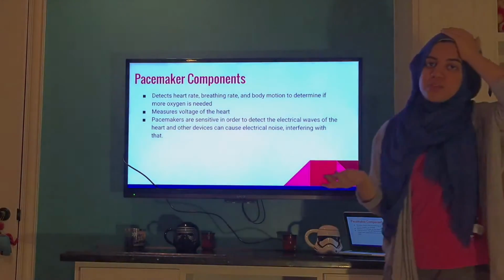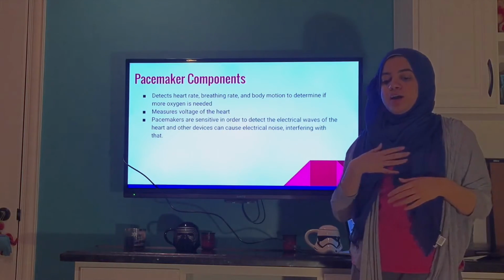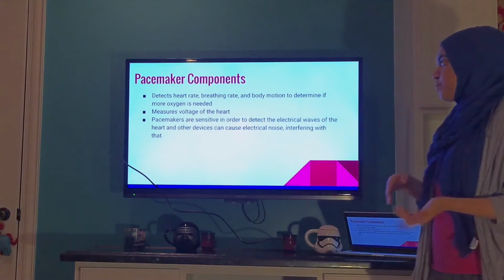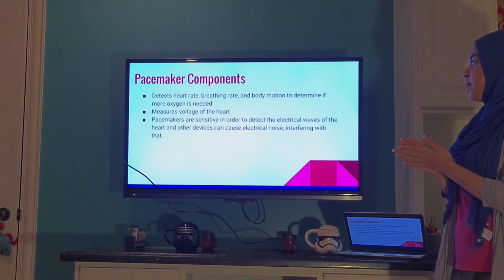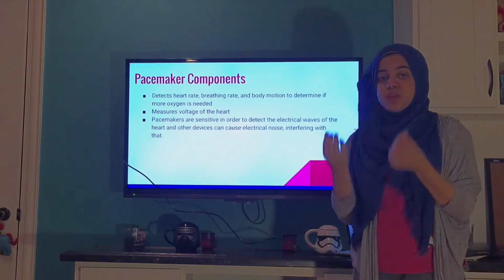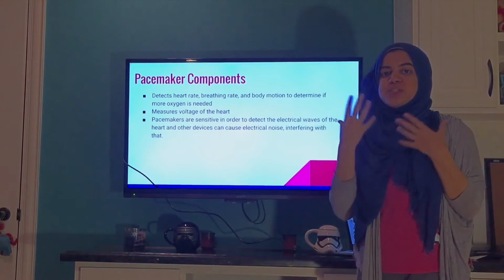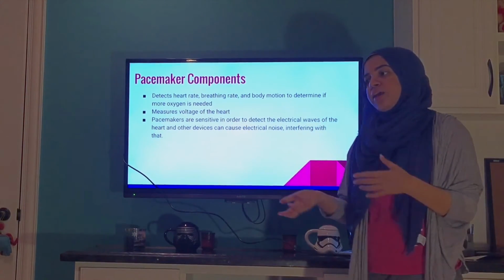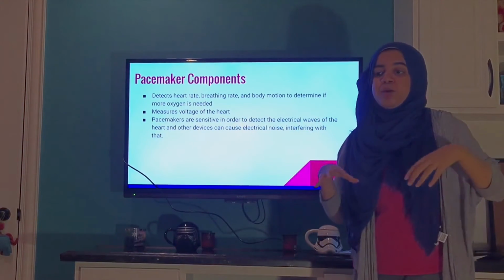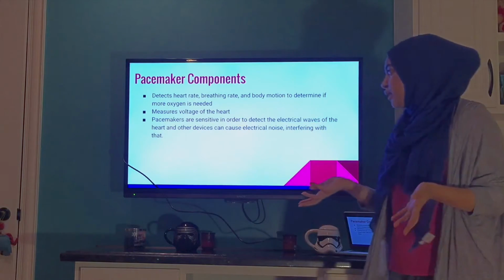It doesn't just send impulses, it also senses the body's conditions and the correct stimulation to send to the heart. They're very sensitive, as the current and voltage in the heart are really small and minimal. If it's not sensitive enough, it won't get a clear enough message from the heart, and it won't be able to do its job correctly.